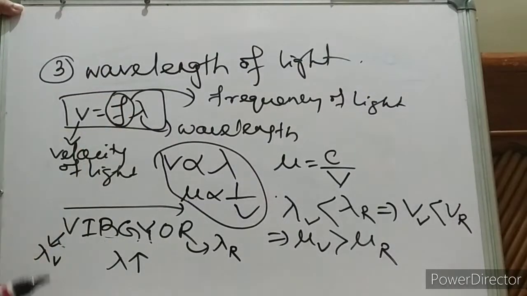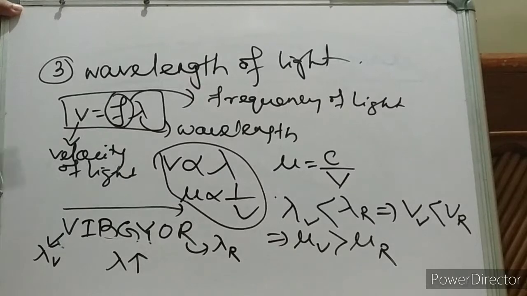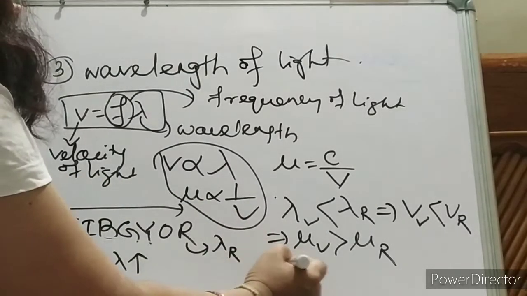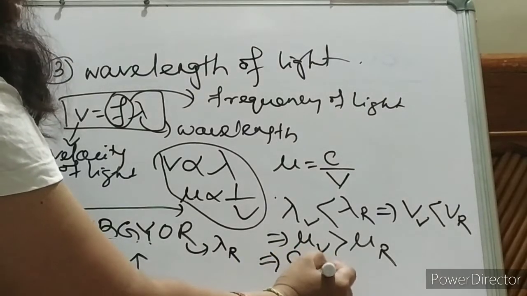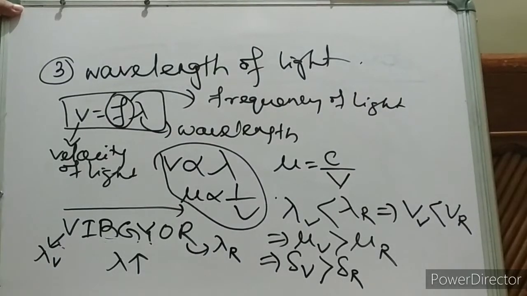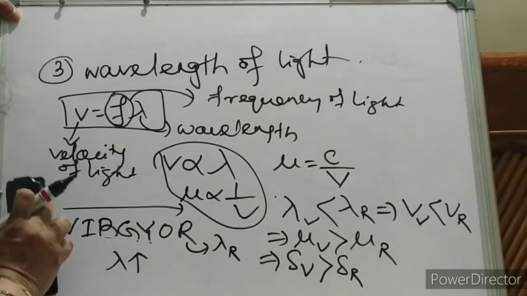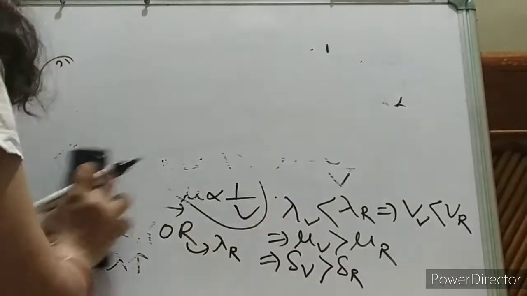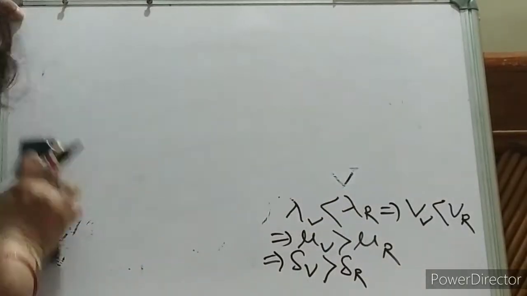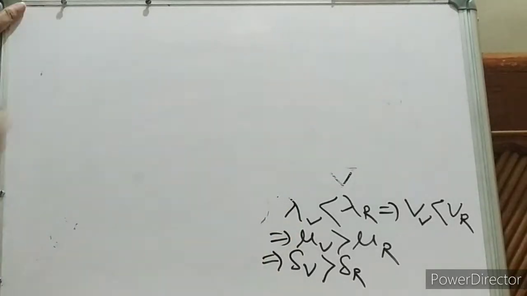And what we have discussed just now, if the refractive index is more, then the deviation will be more. That means the deviation of violet light will be greater than the deviation of red light. Is it clear? Please note it down. Let me write this as a conclusion.